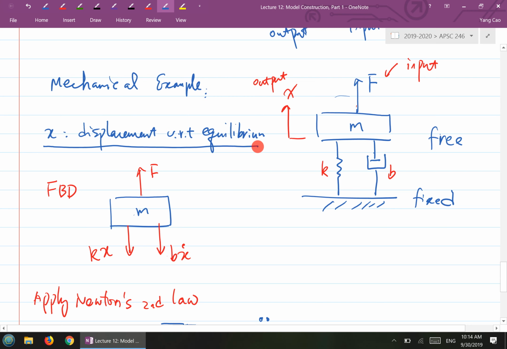So what does equilibrium mean? Equilibrium means you leave the mass and you let it settle. If you initially let it go, for sure, due to the gravity, it will settle a little bit, but it will settle at a certain equilibrium because it's basically static. And that's how this x here is defined.